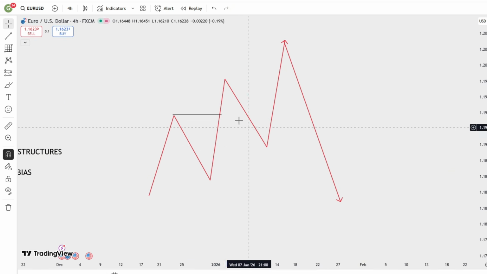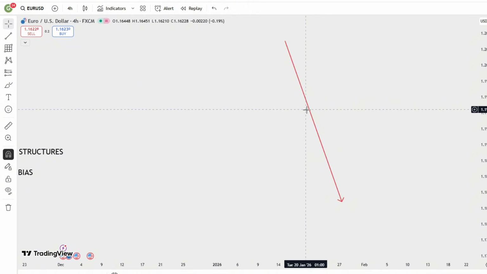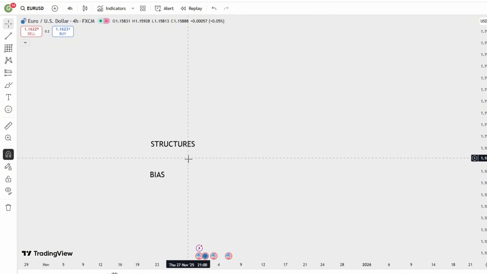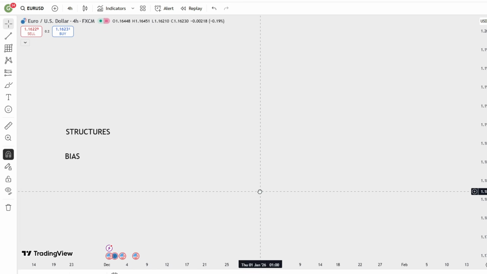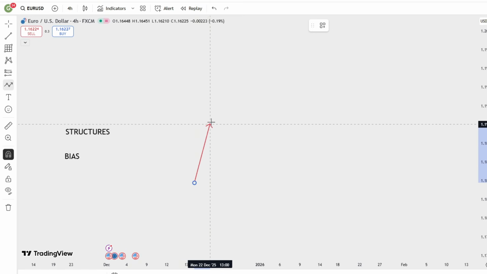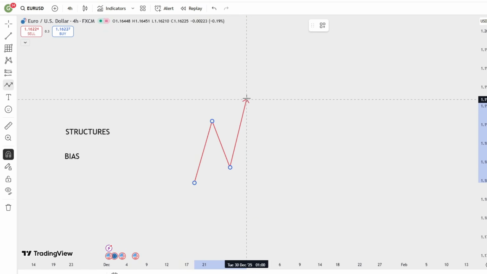The structure we are looking for, and I don't see anyone talking about this correct structure on the internet, is something like this. You have this low, high.